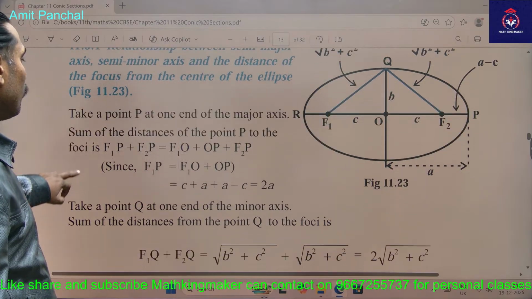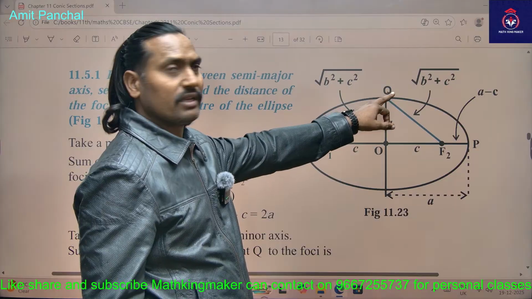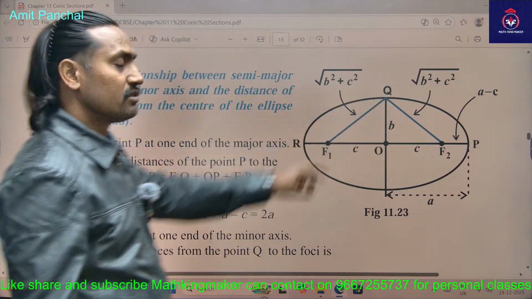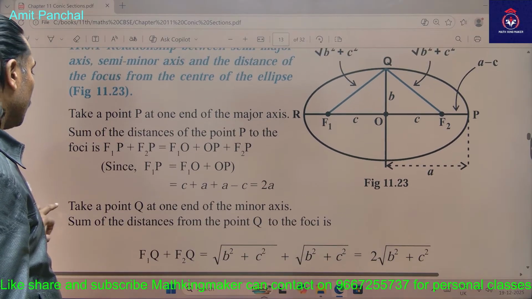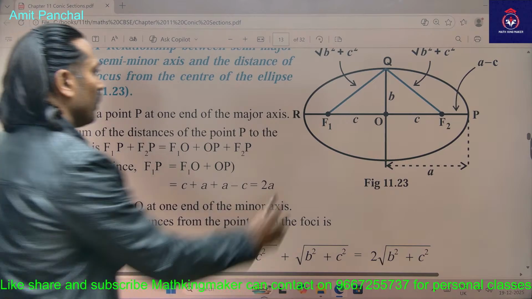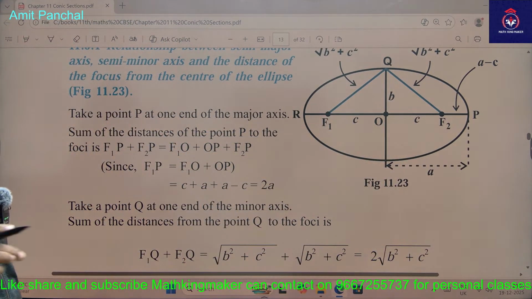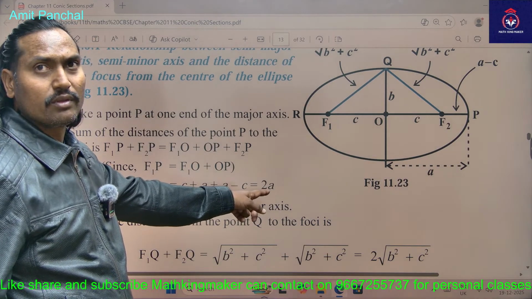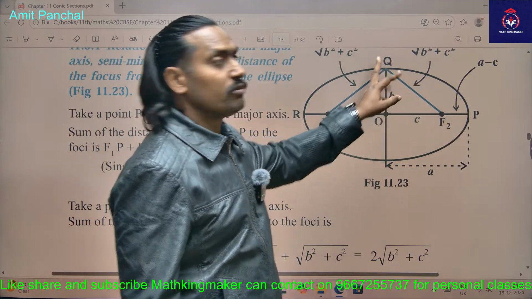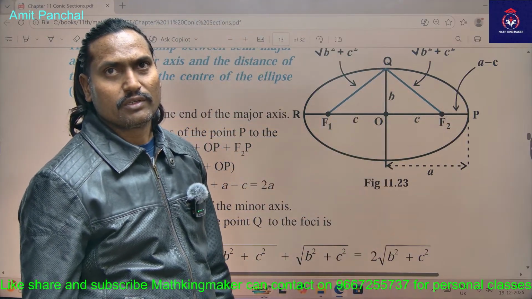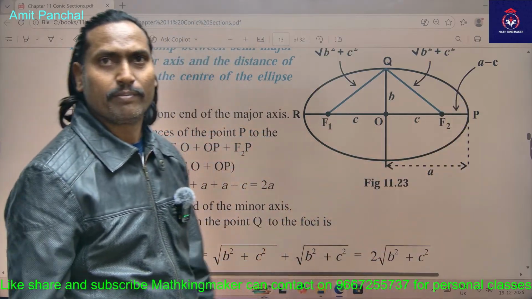Now we take the end point on the minor axis, Q, it is b. In a similar fashion we'll do the same thing. Now F1Q plus F2Q will be the same, because point P and point Q both lie on the ellipse, so the sum of the distances from the foci will always be the same, isn't it?